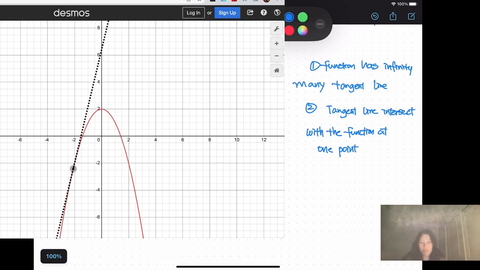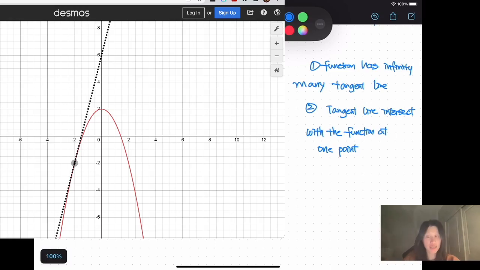So basically, if this point is here, we will say this is the tangent line for the function at -2 and -2.